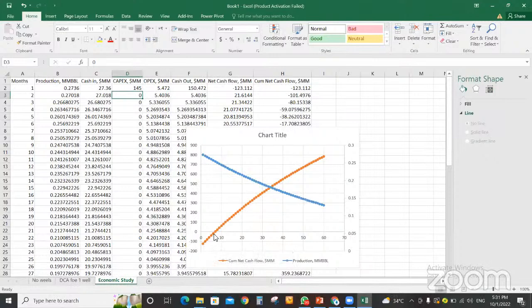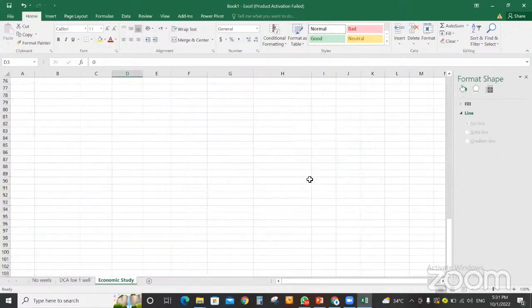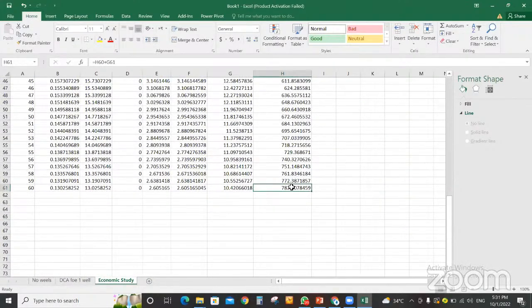Then we continue until reaching the payout, the point at which we recover all the project costs, at about 7 months. After about 7 months, we start to have positive cash flow. At the end of 5 years, we will have a net cash flow of about $782 million.